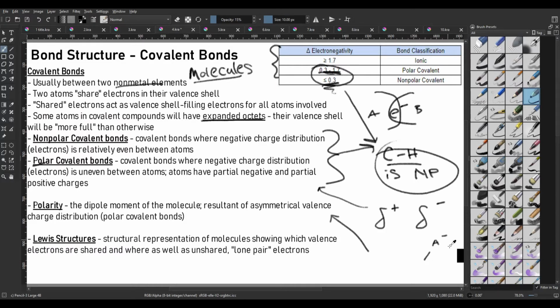You can't say that's a whole negative because it is covalent. Maybe this one is more electronegative. So this is going to be a delta minus, and this is going to be a delta plus down here because the atom A is going to be more electronegative than its friends over here.